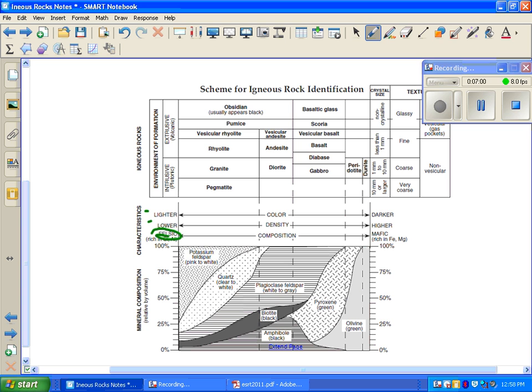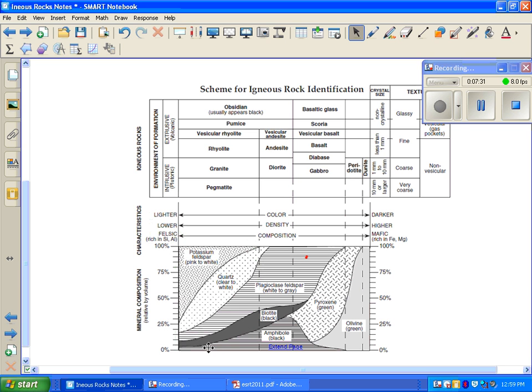They're also going to contain these minerals: potassium feldspar, quartz, and so on, if they are felsic on the left side. The mafic rocks are going to be on the right side, so they're darker and higher density, and they're going to contain these minerals, olivine and pyroxene. So again, we don't have to memorize it, we just need to know where to find it.